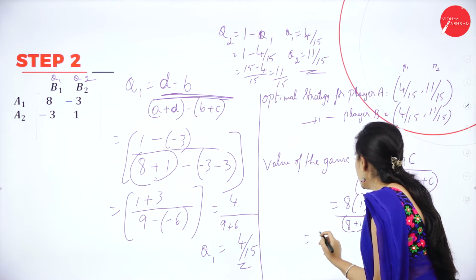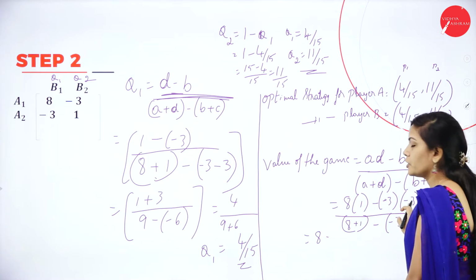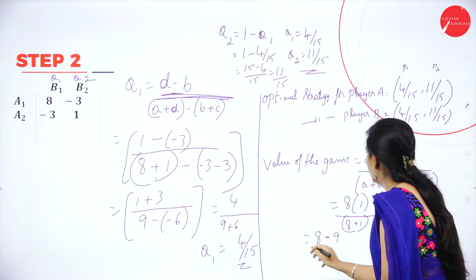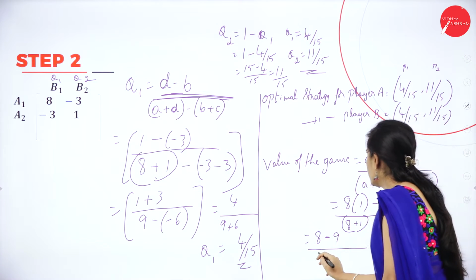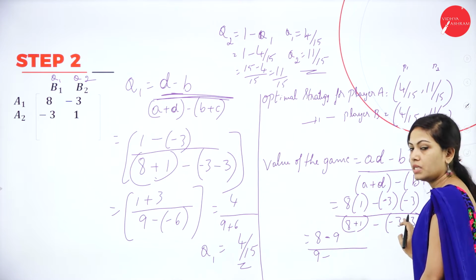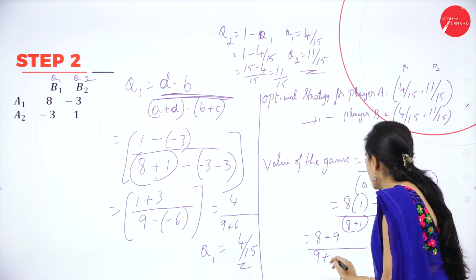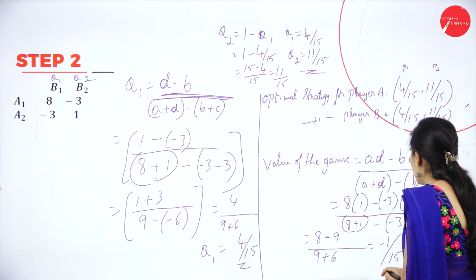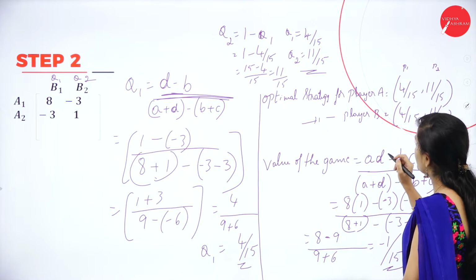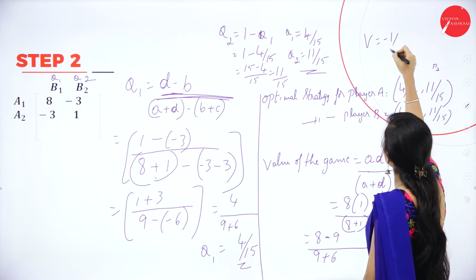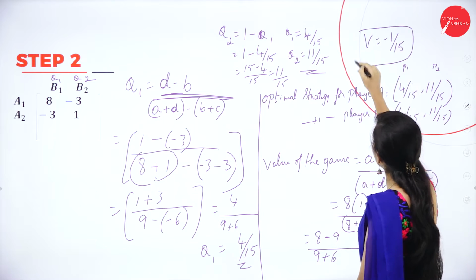Simplify this. 8 into 1 is 8, minus minus 3 into minus 3 is minus 9, so 8 minus 9, divided by 8 plus 1 is 9, minus minus 6 is plus 6, so 15. So the value of the game is minus 1 by 15. V is equal to minus 1 by 15.